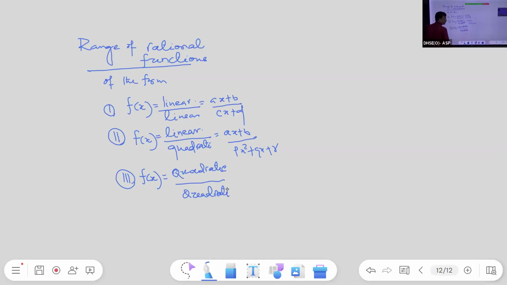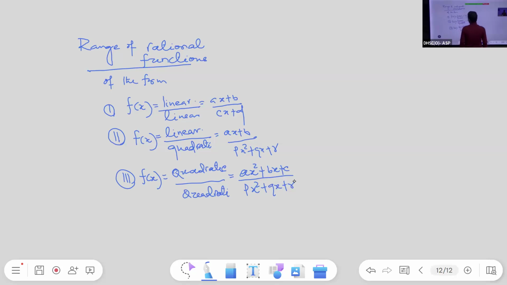Quadratic upon quadratic. That is of the form ax square plus bx plus c upon px square plus qx plus r. Okay.